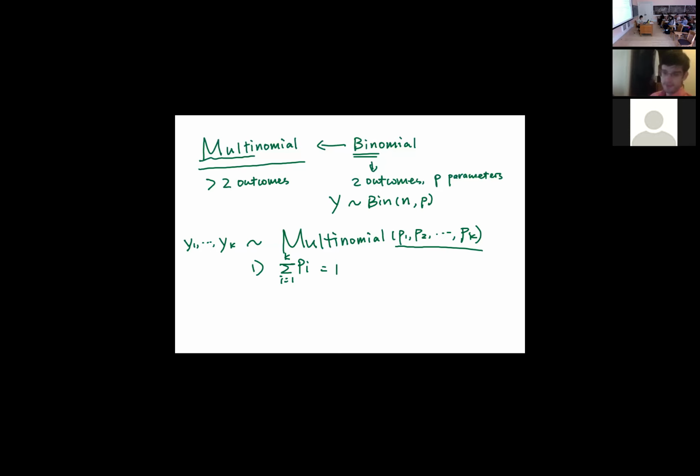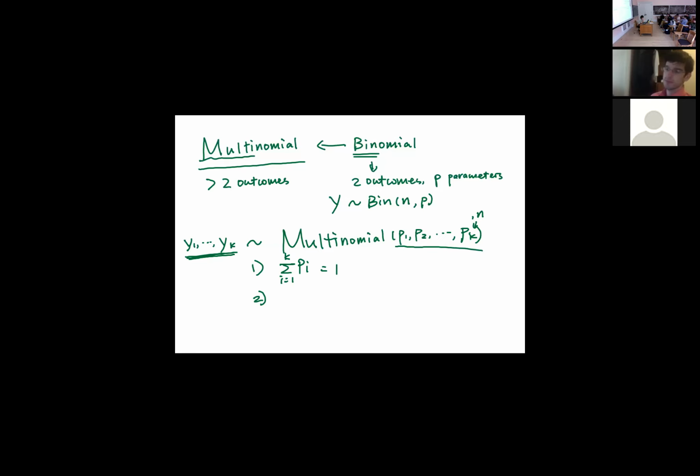And the second one is, sometimes we also have one more n in this multinomial density, and that n is the total number of trials that you're doing. So for a multinomial random variable, each of the Yi is telling you how many objects are in one particular category, right? So Y1 gives you the number of objects in the first category, et cetera.